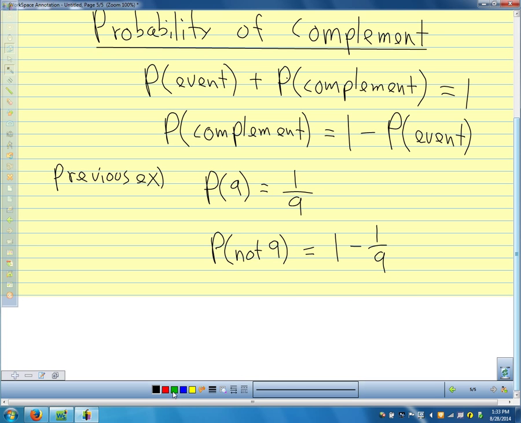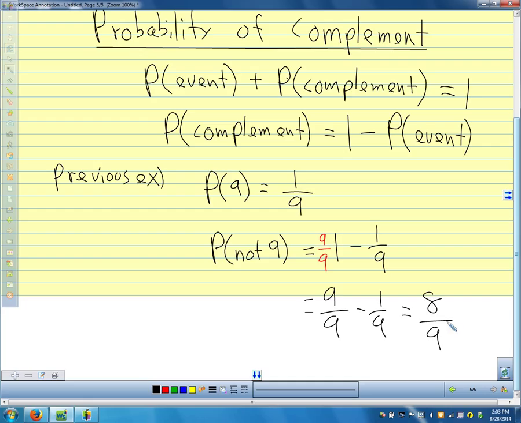So I'm going to multiply this by 9 over 9, and I get 9 over 9, which times 1 is just 9 over 9, minus 1/9 equals 8/9. So the probability of not rolling a 9 is 8/9.